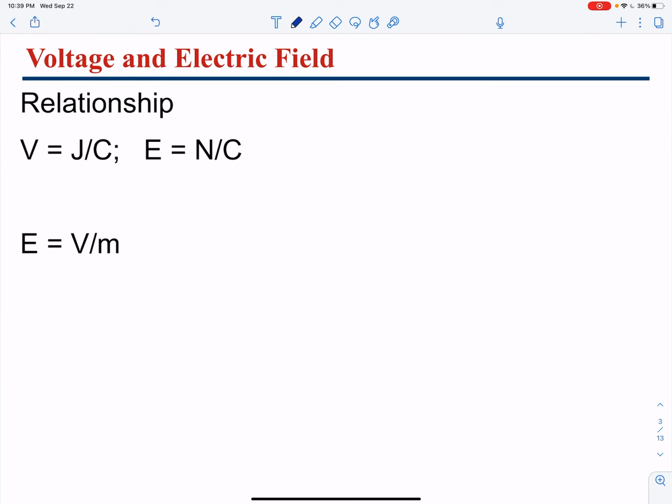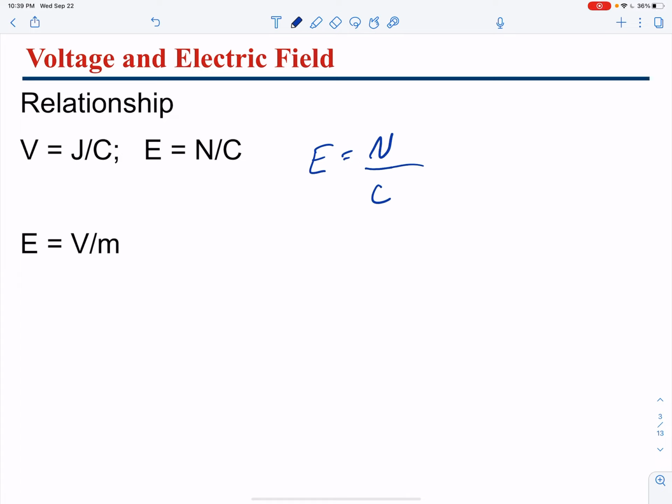Now, just a side note, this is very interesting. There are different ways of expressing electric field. As I mentioned, voltage is energy per charge, that's joules per coulomb. Electric field, we learned, is force per charge, that's newtons per coulomb. If I do a little bit of algebra here, we say our electric field is equal to newtons per coulomb.